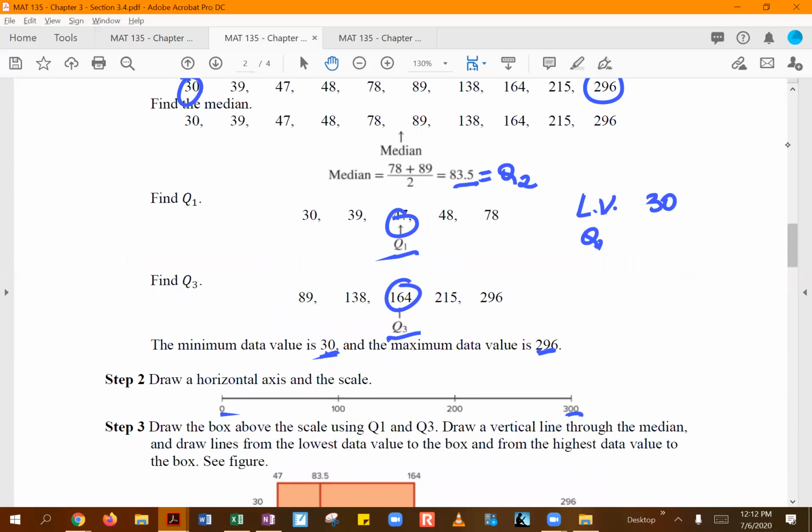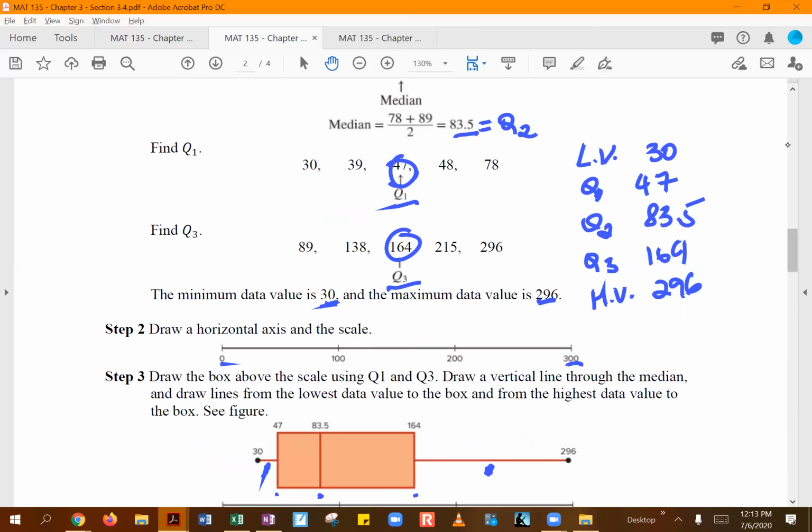Quartile 1 is 47. Quartile 2, which is our median, came out to be 83.5. Quartile 3 is 164, and then the highest data value is 296.